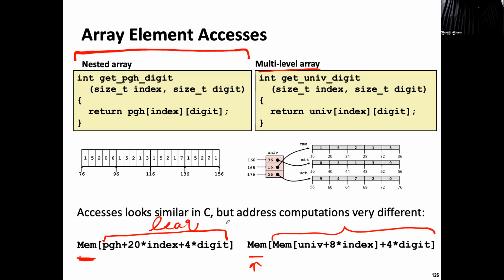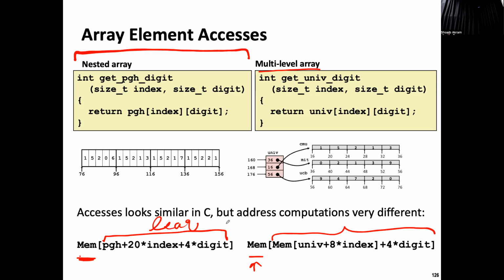Here, you compute the address and you go to the value, because row vectors are placed contiguously in memory. If you know the base, you can go anywhere. Here, the semantics of the multi-level array are that you need to store the pointers in a separate array, and they should point to the actual values.